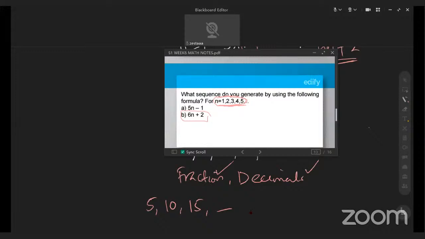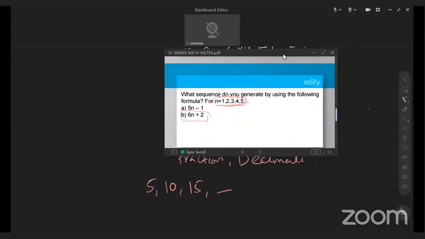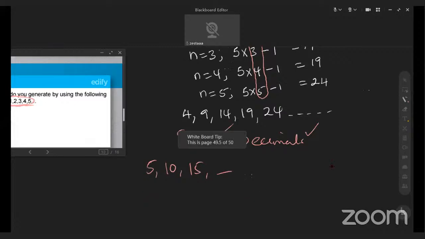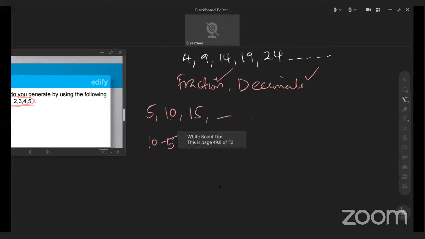We just use the first number. To get the next number in the sequence, you subtract this one here. 10 minus 5, you'll get 5. Then 15 minus 10, you get 5.